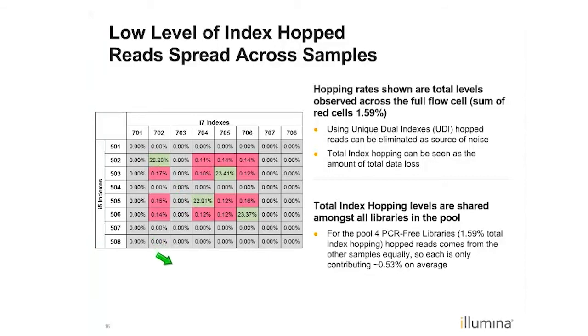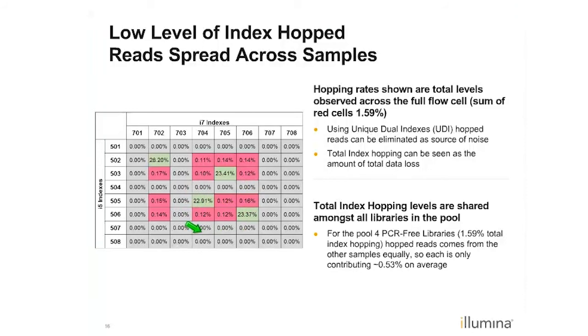We sequenced those and demultiplexed them, and using this kind of approach we would not expect any of these red or pink boxes to have any library in them because we didn't use those indexes. But because of this swapping or hopping phenomenon, we do get some signal showing up, and it's basically in the row or column of each of the indexes that were used. That's a hallmark of this recombining effect that we've been talking about.